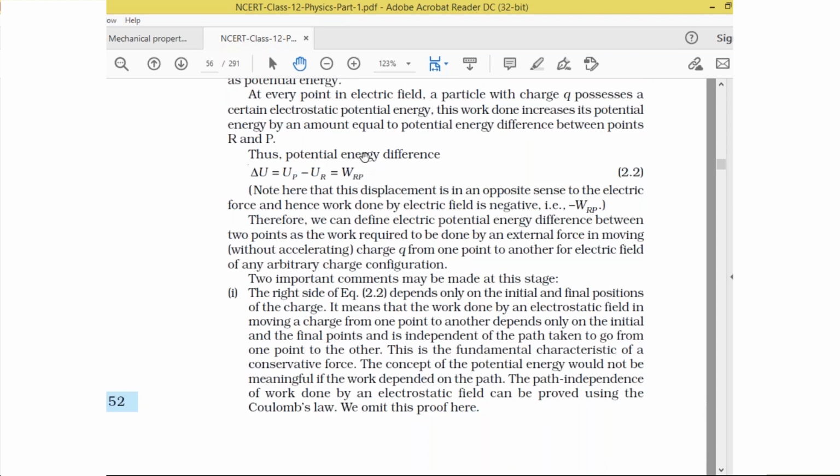The physical quantity which is important is the work done, or the potential energy difference. The potential energy at each individual point does not make much sense.